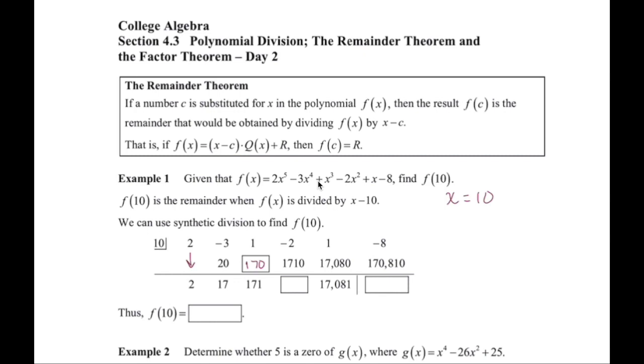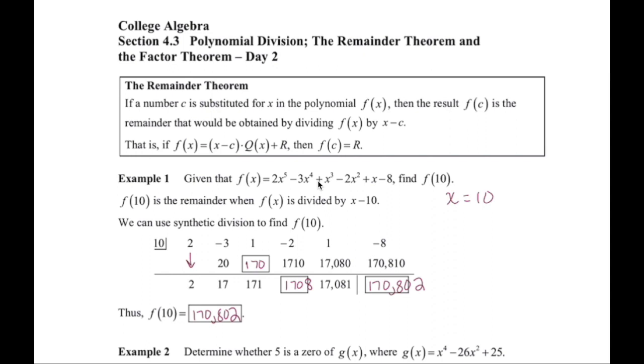When I subtract 2 from that, we have 1,708. We're just getting larger and larger here, providing me with 17,080, and 170,800 minus 8 still gives me 170,792. So when we plugged in the value of f of 10, we have a remainder.